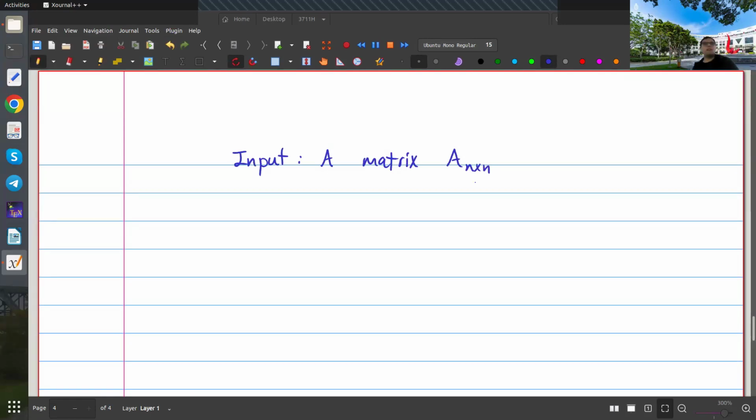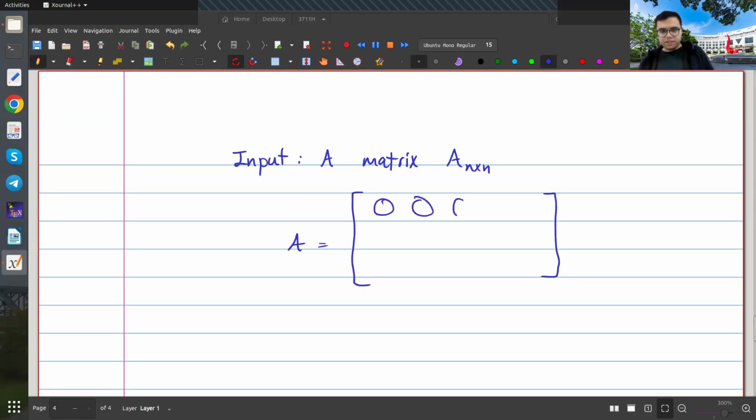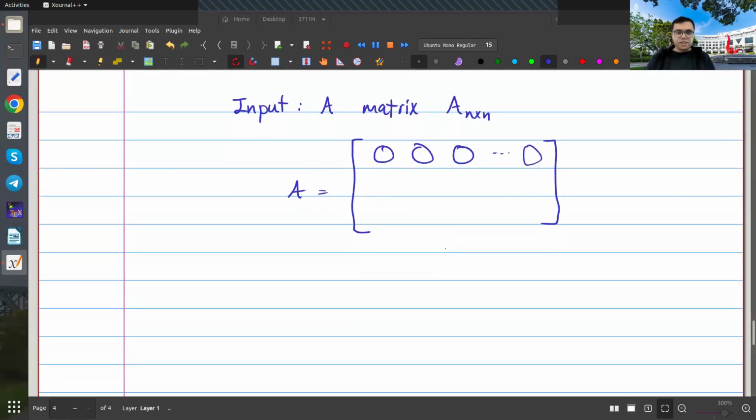It's just, I don't want to have too many variables. Okay, so I have my matrix A and it's given to me in the input. I'm given all of the entries. Okay. And then just like before, I have a bunch of queries.